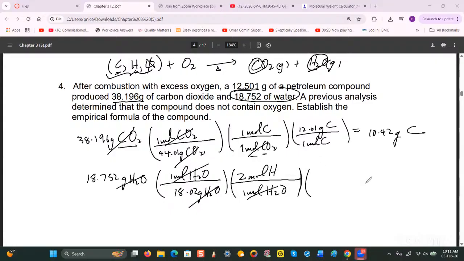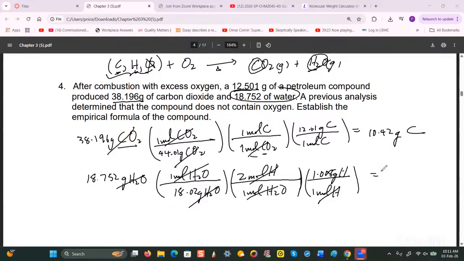And then the next step is where we go from moles of hydrogen to the mass of hydrogen, which is 1.008 grams of hydrogen. So that this cancels out with that. And then we do the number crunching: 18.752 divided by 18.02 times 2 times 1.008.